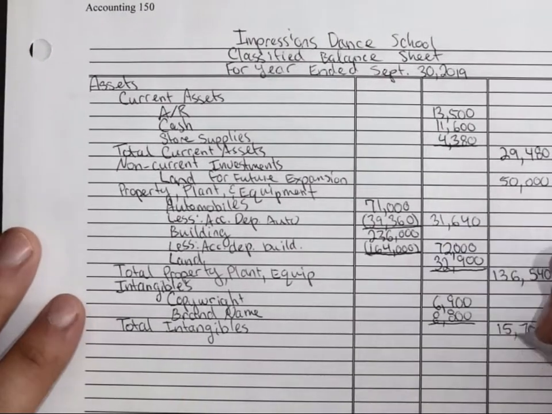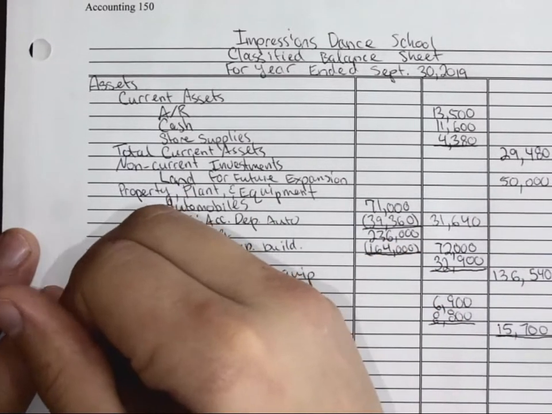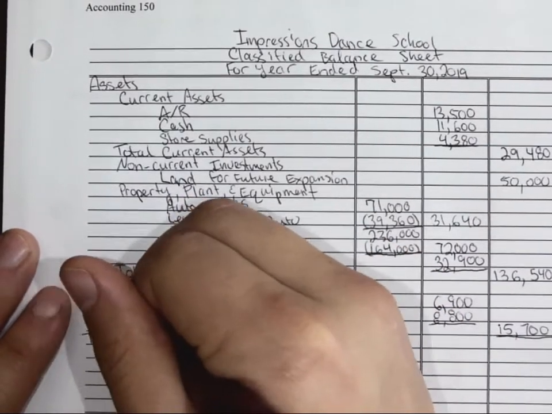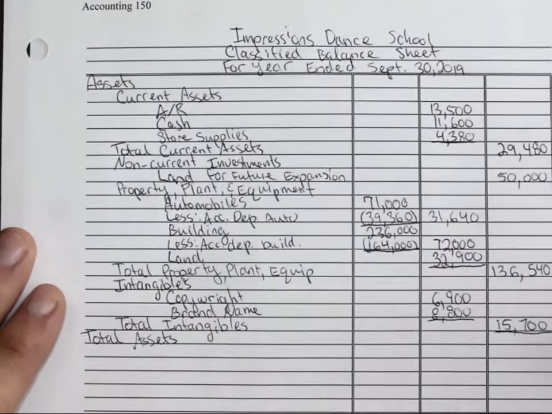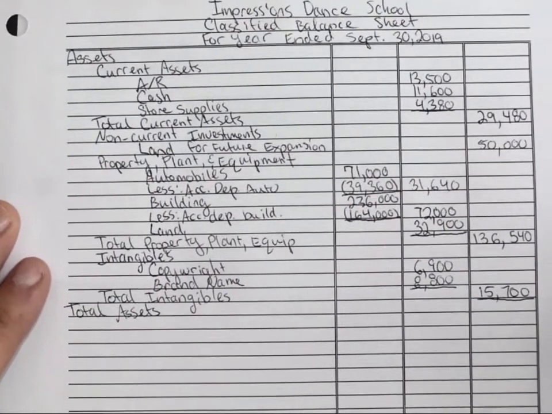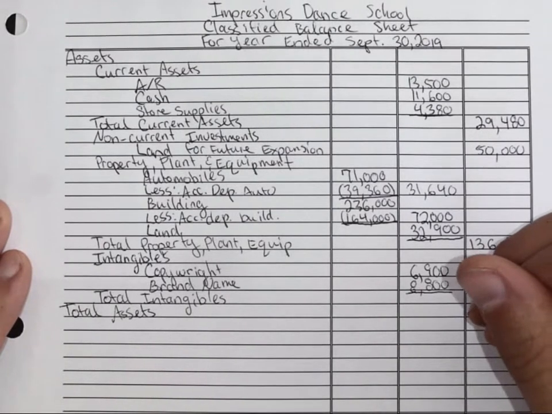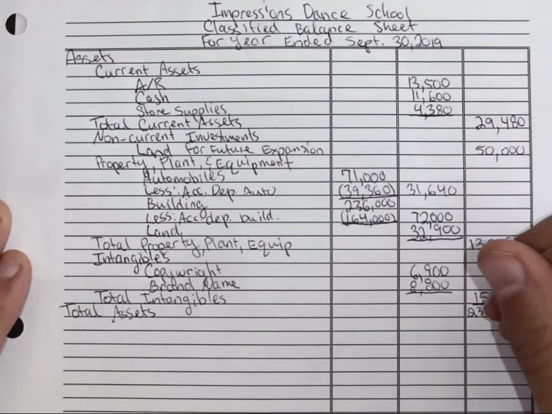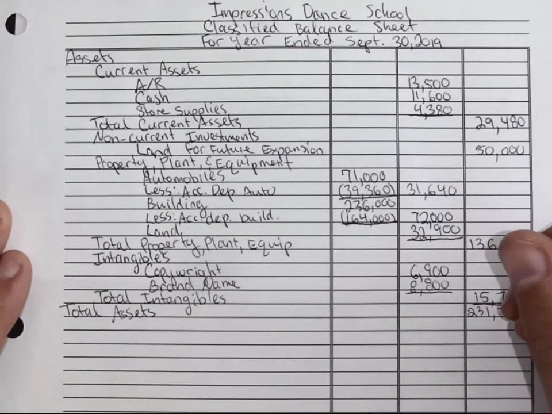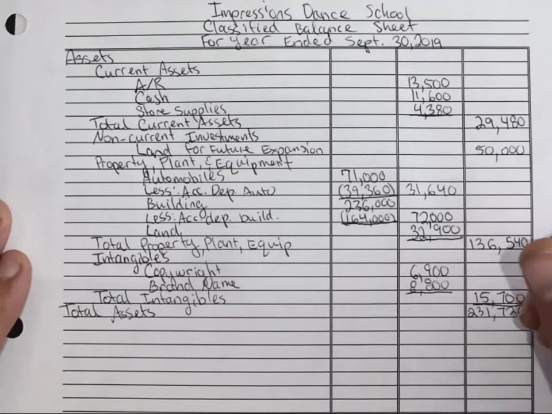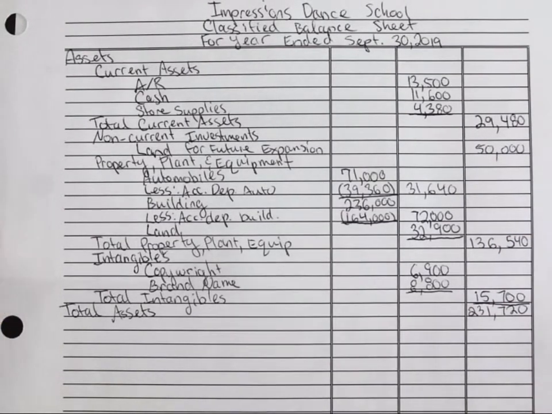And now we can add these up and get our total assets. So we add up these four on the right, what do we get? 231,720. Yeah. All right.